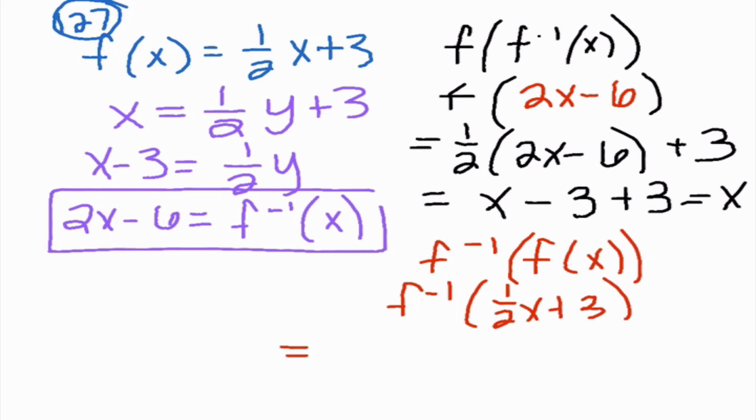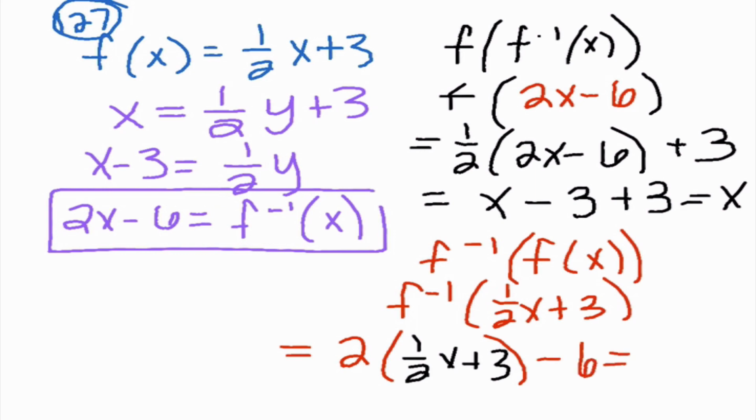So I'm inputting that in wherever there was an x. So in this case, it's 2x minus 6. So I'm going to write 2 times 1/2 x plus 3 minus 6. When I distribute, I get x plus 6 minus 6, which is x. So I have proved and verified that these indeed are inverses of each other.